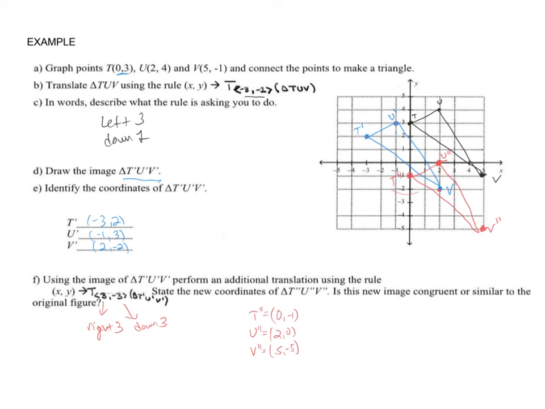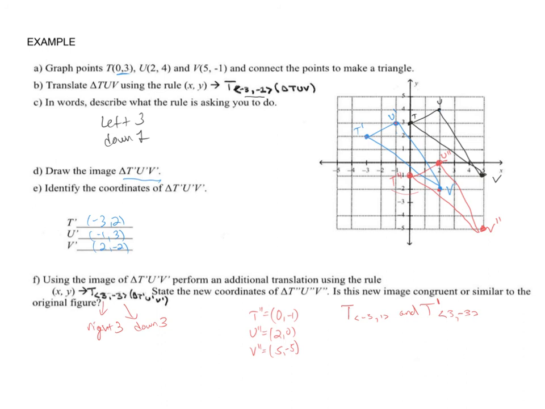Okay. And we can come up with the rule. So we had first a translation of -3, -1 and then 3, -3. So we translated T and then T prime.